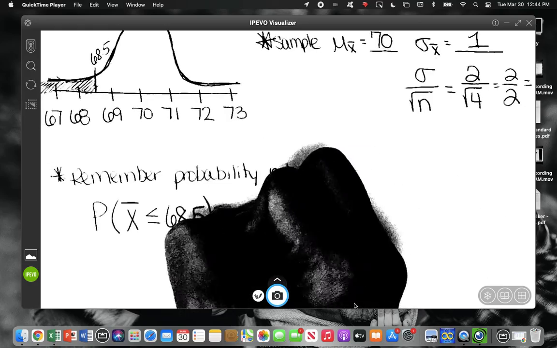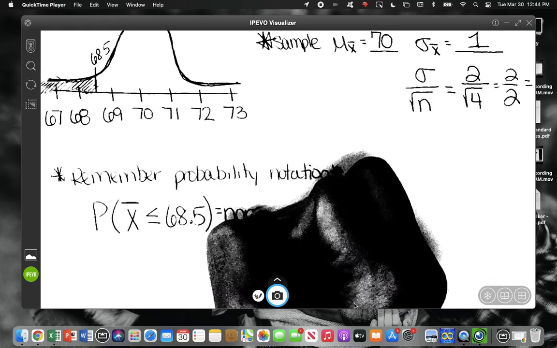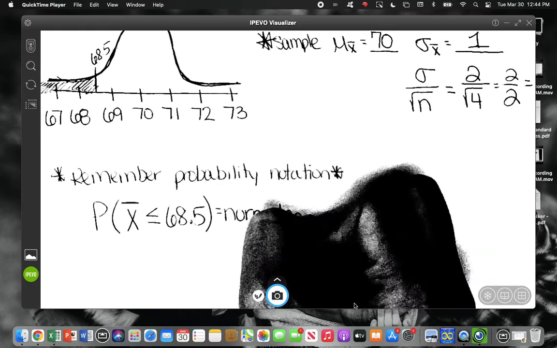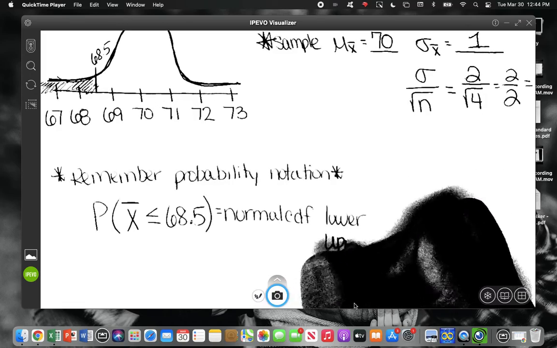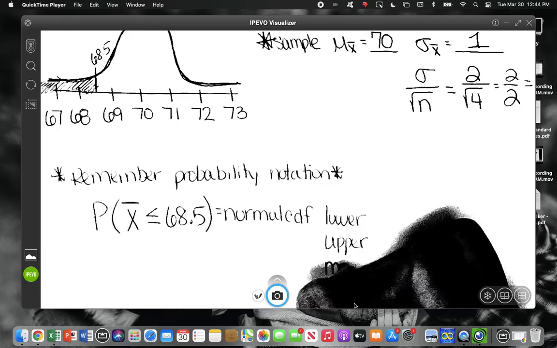So we are going to do that normal CDF. And we have to write in our lower, our upper, and our mean and our standard deviation.